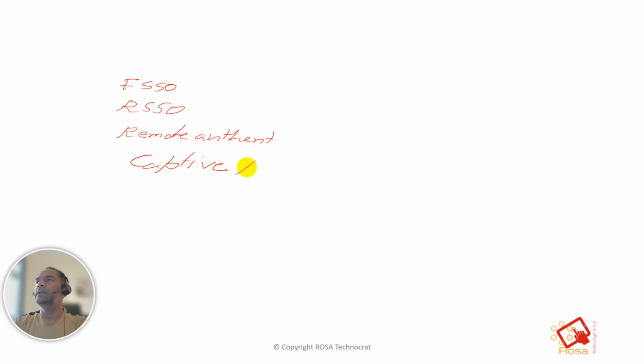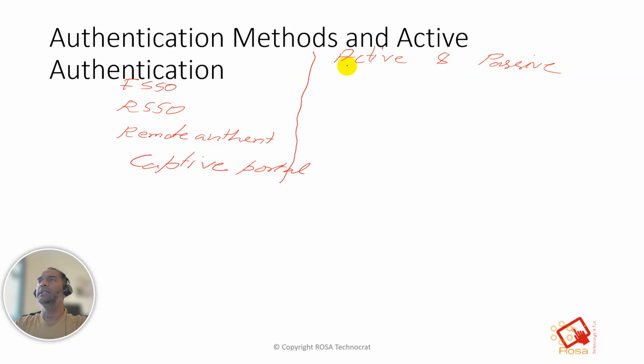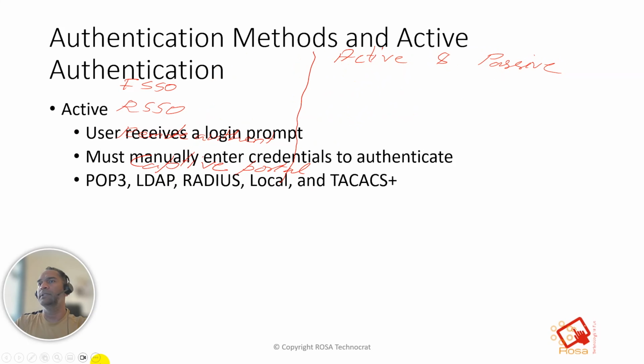All these various types of authentication we discussed, like FSSO, RSSO, remote authentication, and then captive portal, can be divided into two important categories, that is active and passive authentication.